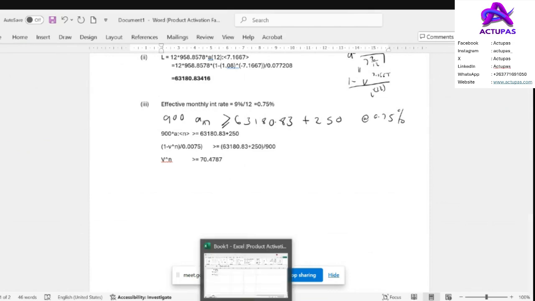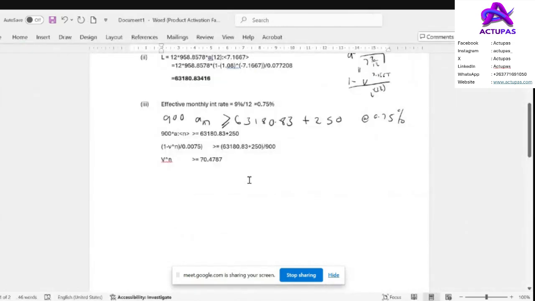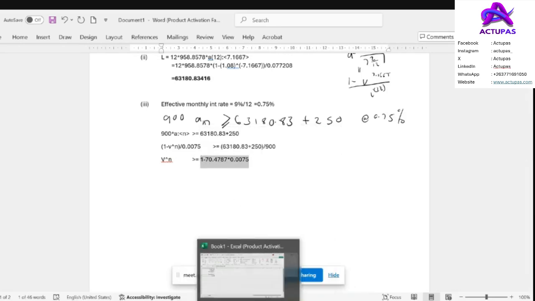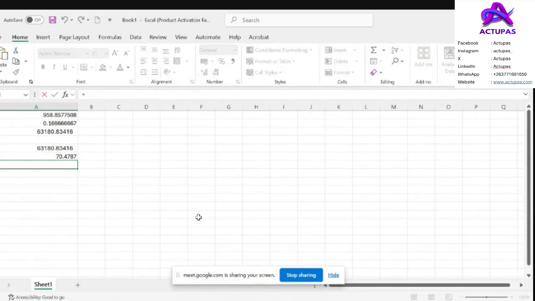Times, you multiply by 0.0075, and this is 1 minus that, because to get v to the power n as the subject, you'd need this. So we copy this and then we paste it here. This is equal to that.